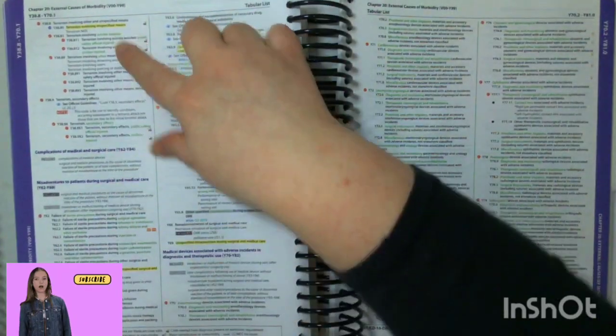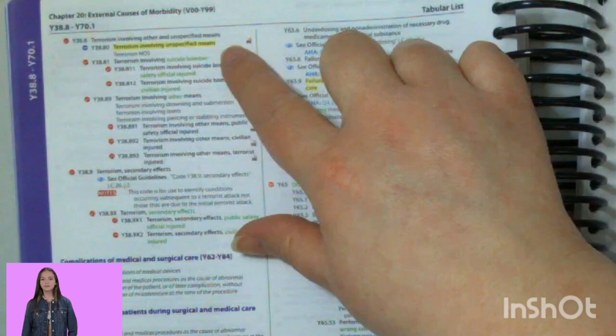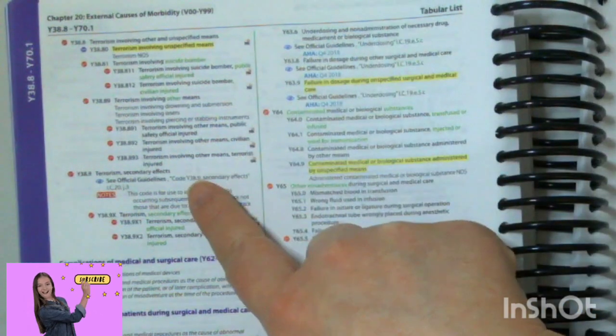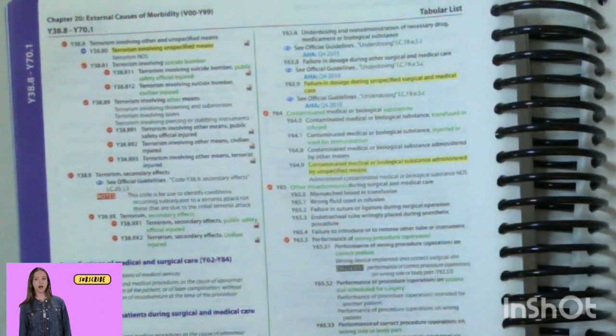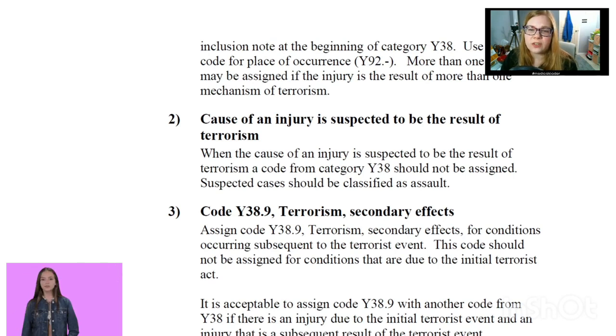Over here we have involving other unspecified means, and then terrorism secondary effects. When the cause of an injury is suspected to be the result of terrorism, a code from category Y38 should not be assigned. Suspected cases should be classified as an assault, so it has to specify that it was confirmed terrorism, not a suspected case.